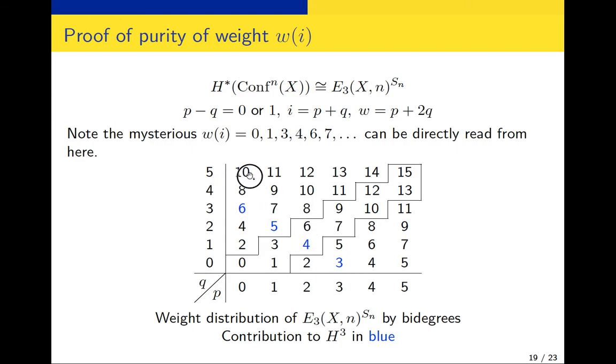And you can do this for other degrees. For example, H5 only has weight 7 pieces. And you can see that if you just read the weight numbers in this strip, you get the pattern W_i. So this is the picture, and this finishes the proof of all the main results.